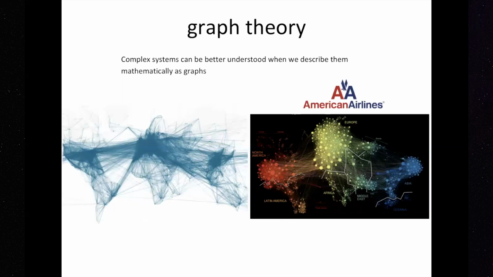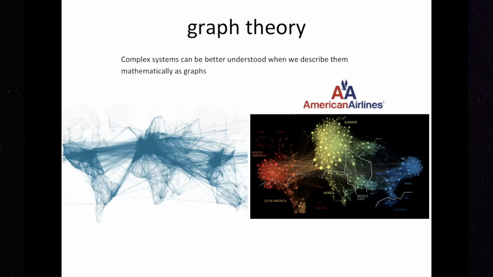This is a relatively simple problem, a simple system of crossing all those bridges, but more complex systems can also be better understood when we describe them mathematically as graphs. So here at the left, you see an airport transportation cluster, and it looks really fuzzy, so we cannot see what is going on. Maybe with our knowledge of where the continents are, we can think of where Africa, America, and so on are. We see there are some connections, but we really don't see how it is actually interacting.